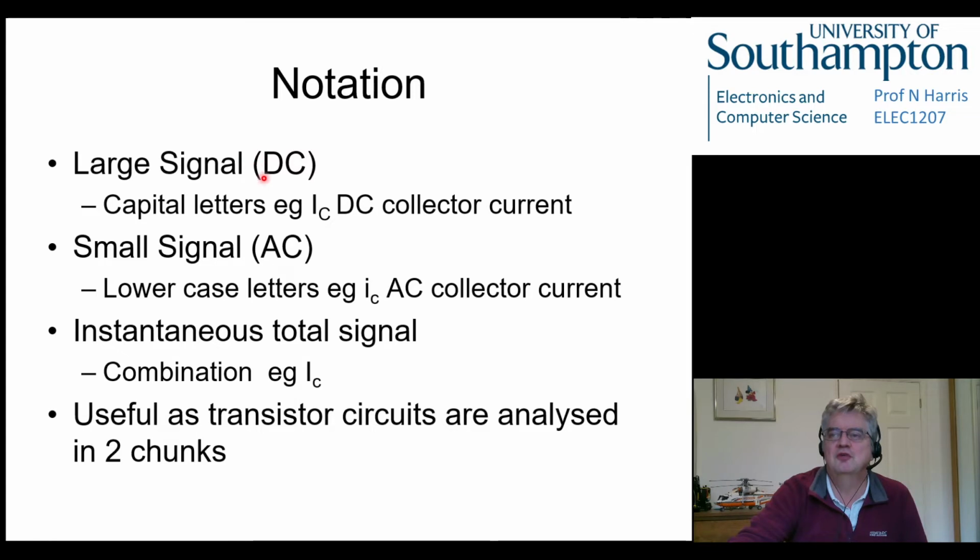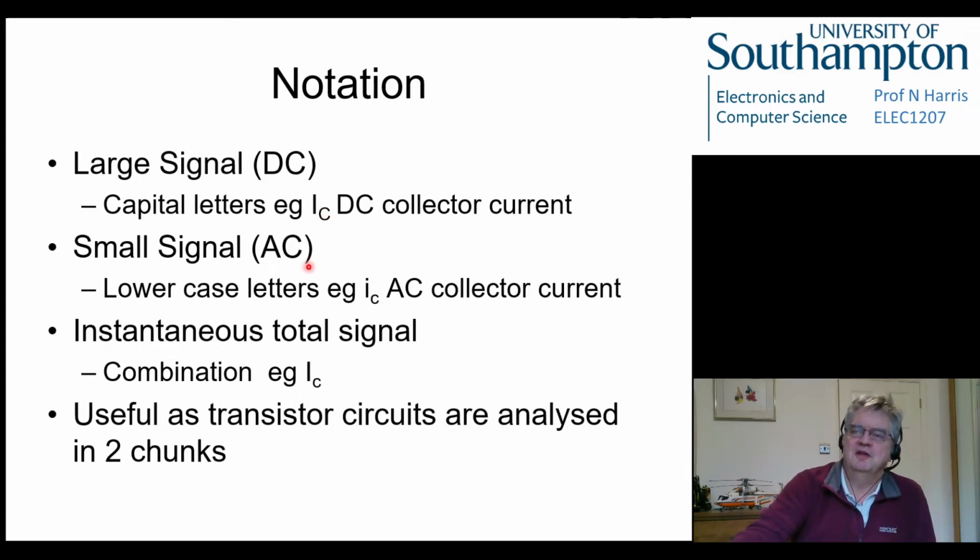So these are currents that flow continuously and don't change once you've turned the circuit on, and we define these as being capital letters. So this is a capital I and this is a capital C, sometimes difficult to tell, and this means that we're talking about the DC collector current. Okay, so this is not changing, this is fixed. Capital I, capital C. I is current, C means collector.